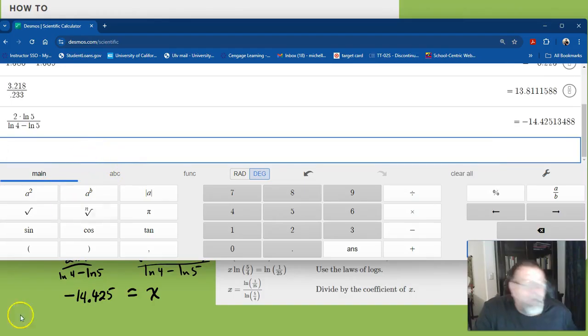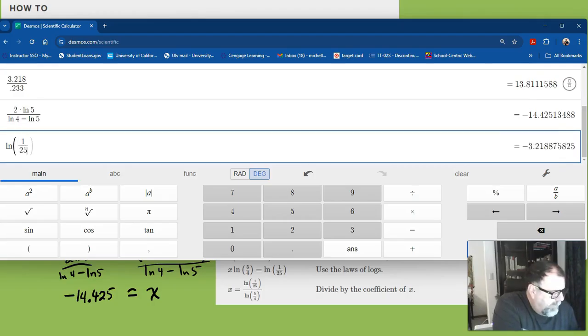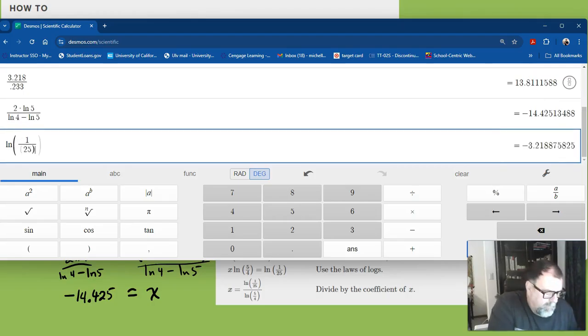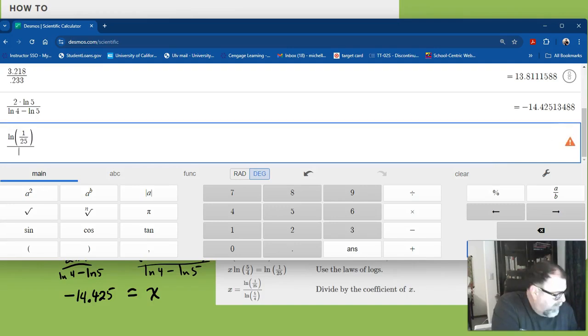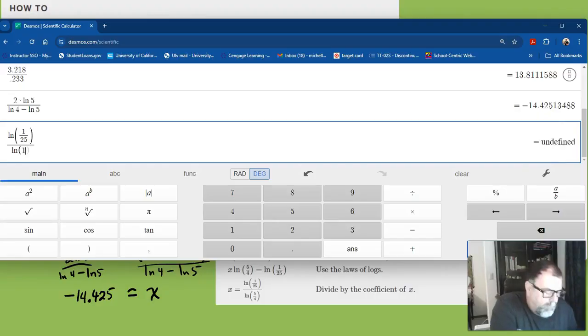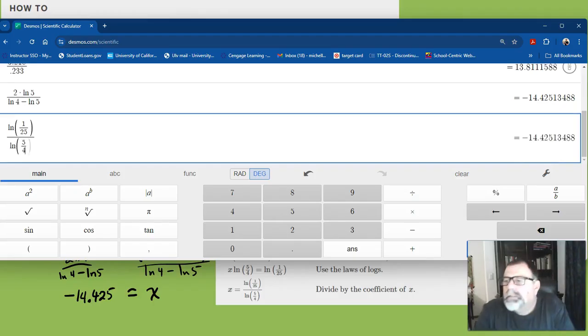So if we do ln of 1 over 25 divided by ln of, what did they have? 5 over 4. And you can see it's the exact same answer that we got.